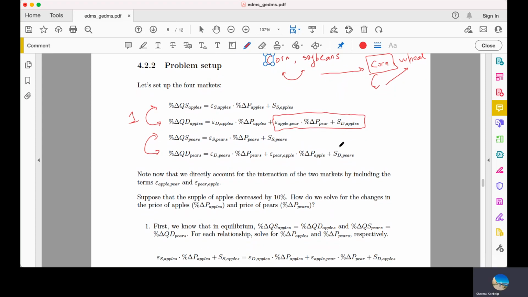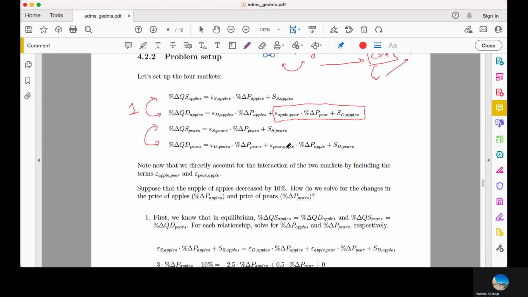So again, the idea simply is, let's say there's a shock in the apples market. How does that impact the pears market? That's essentially what I'm trying to do, because in general, in life, that often is the case. So let me give you an example just from an intuitive perspective.